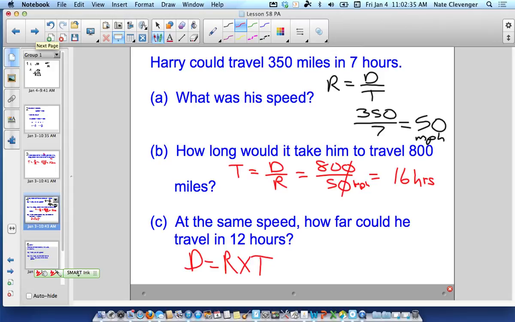So our rate was 50 miles per hour, and our time is 8 hours. So that would be 400 miles. I better write miles.